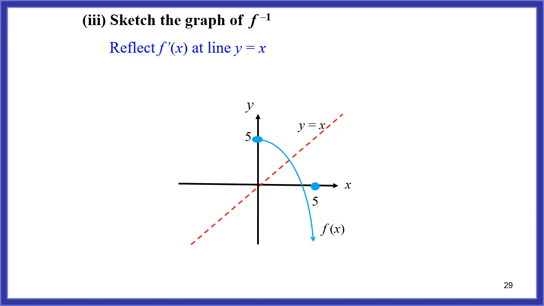So how do you do the transformation in high school? For this line, you usually will fold the paper, right? You will fold the paper and then you draw on the other side. So we do the same.